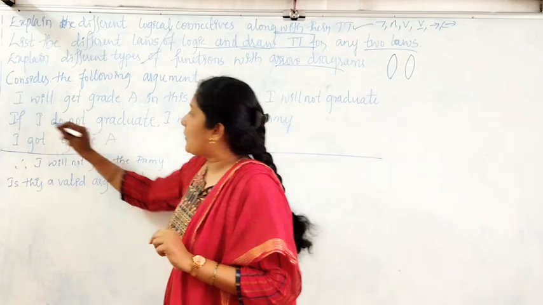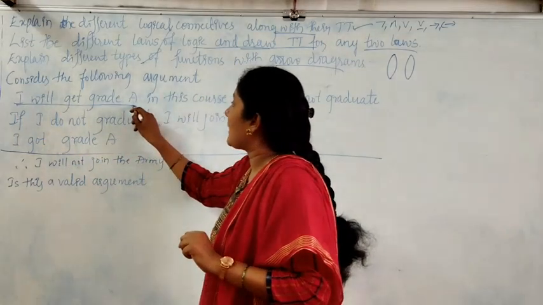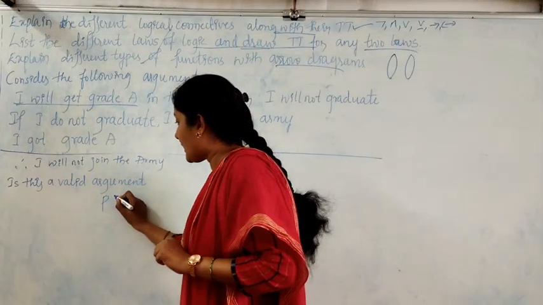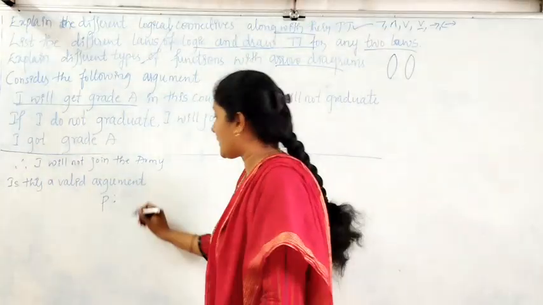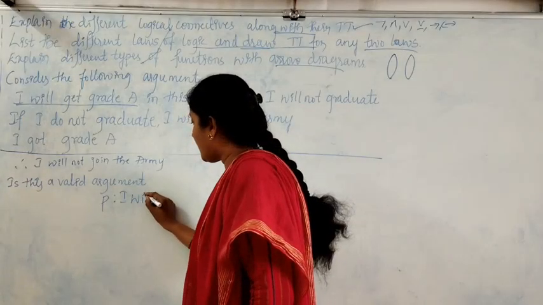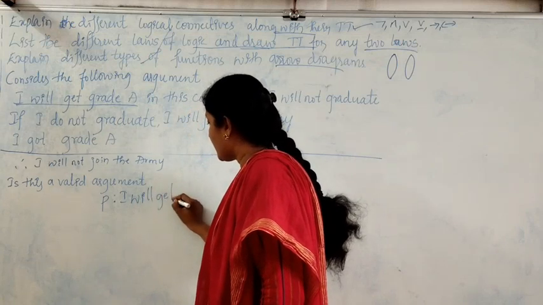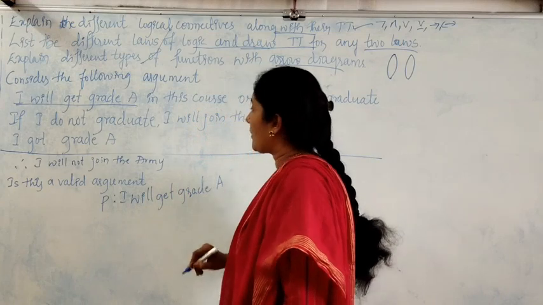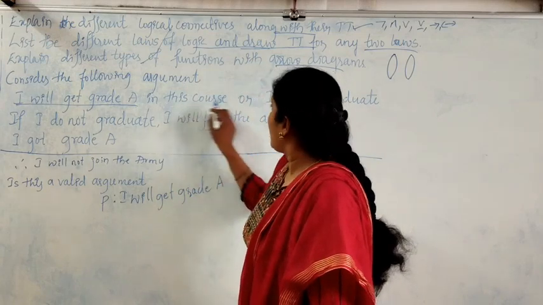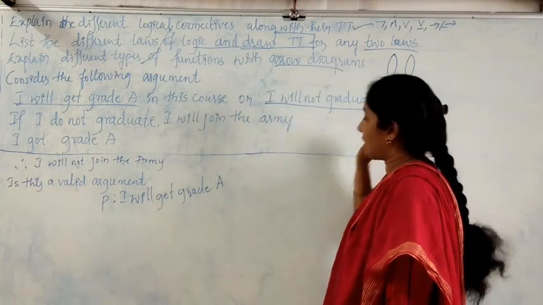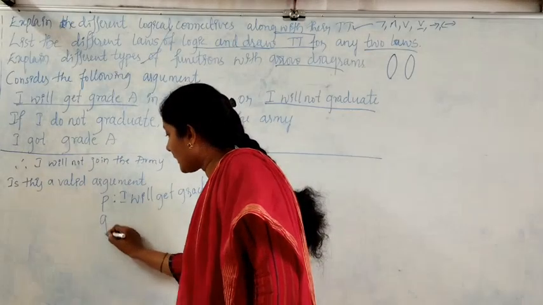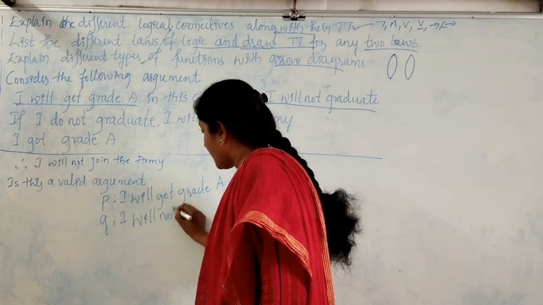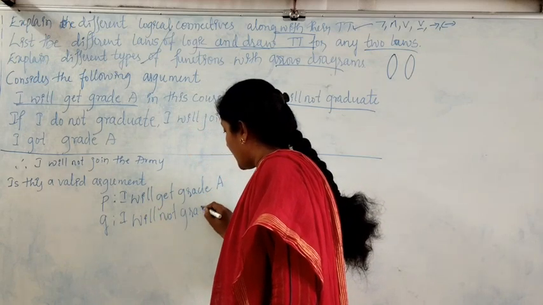First one is, I will get grade A. Let it be P. The proposition P is, I will get grade A. Next, I will not graduate. Let Q be, I will not graduate.